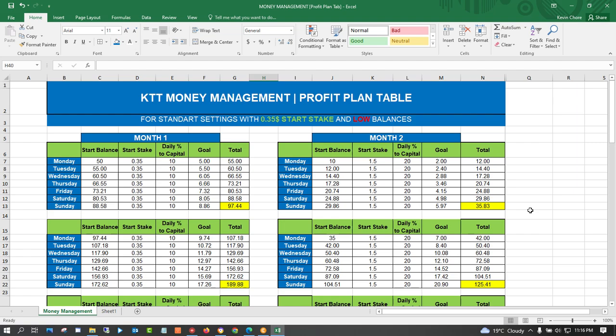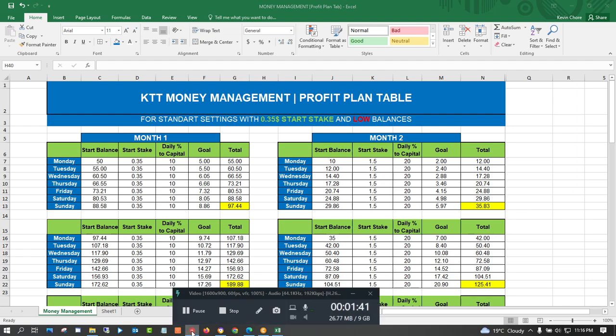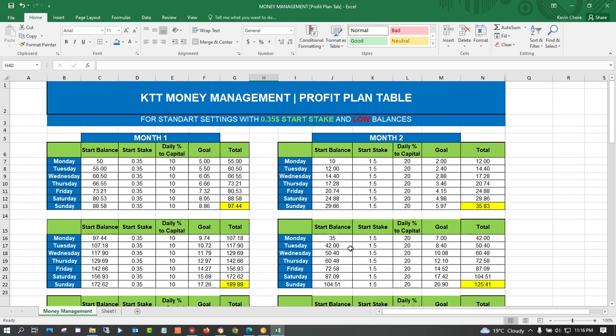But what I can tell you is that you maybe didn't have this money management skill with you. If you have this money management skill, then you will be doing whatever it takes so that you don't lose your account.